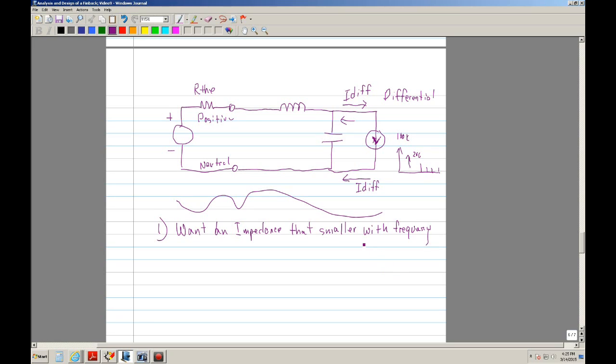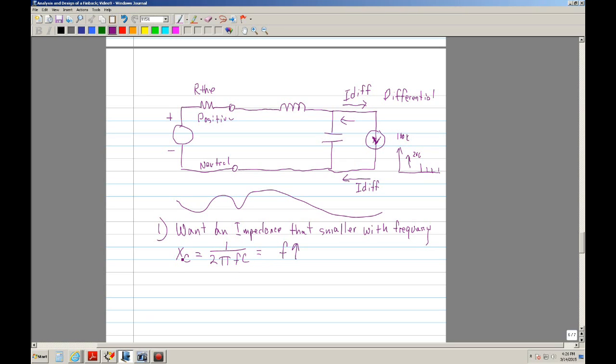Okay. So let's think about that. Well, a device that does that, if you look at a capacitor, you'll see that 2 pi FC. If you notice, as the frequency goes up, your denominator gets bigger.